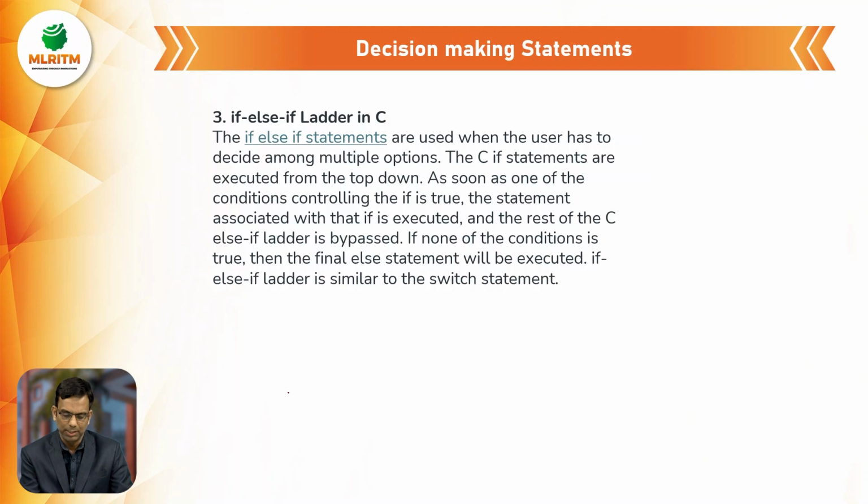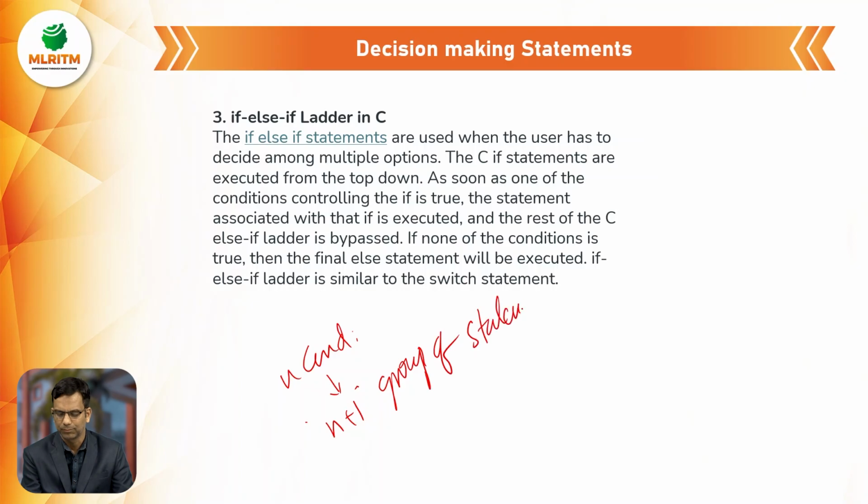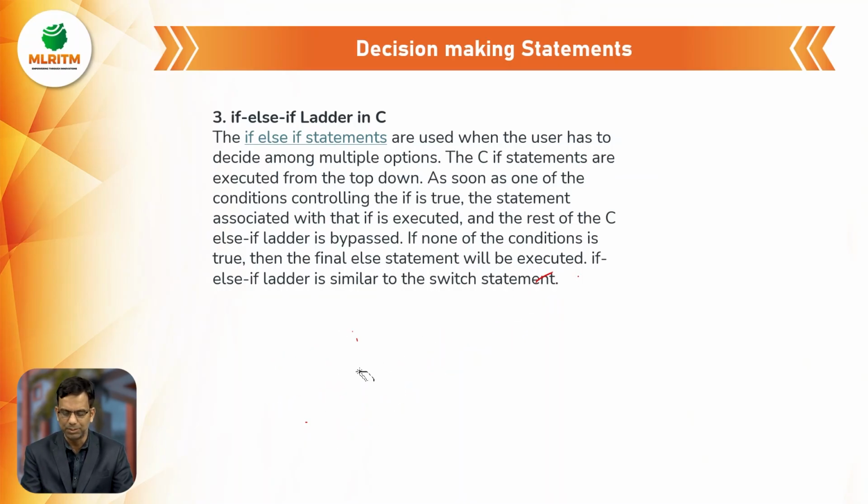In the if else if ladder statement, you can apply n number of conditions, and based on n conditions, n plus 1 groups of statements can be executed. One extra statement is going to be executed based on n conditions.